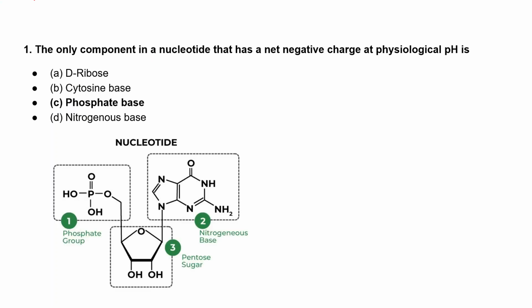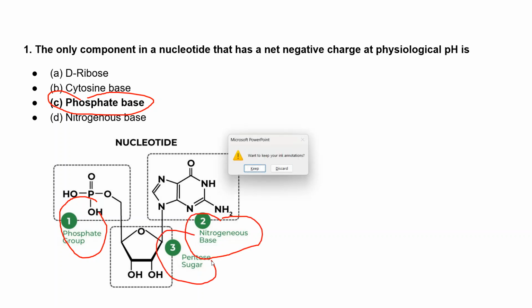So this phosphate base is the only component in a nucleotide. We know, what is a nucleotide? There are three things in the nucleotide: one is phosphate, second is nitrogen base, and third is a pentose sugar. Right?